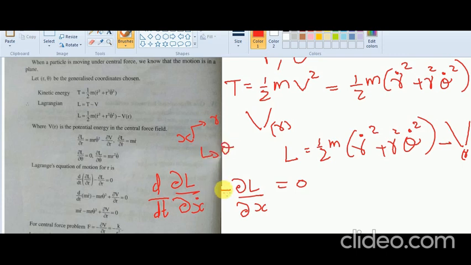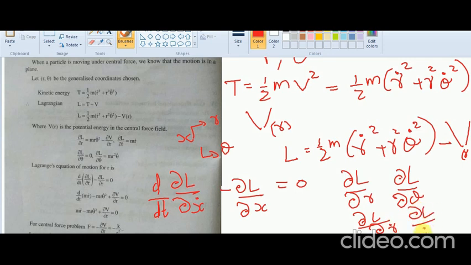So you have to find dou L by dou r, dou L by dou theta, then dou L by dou r dot, dou L by dou theta dot. So four steps. Till now we learned situations with only one generalized coordinate. Here there are two, which is why this four-part calculation will be there.